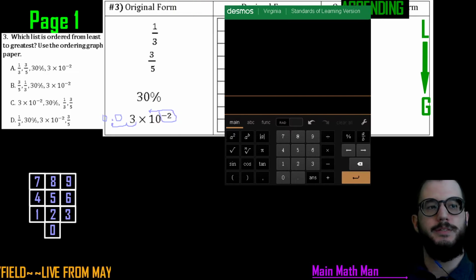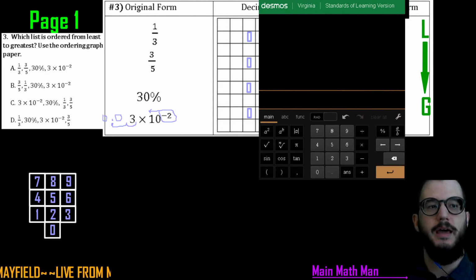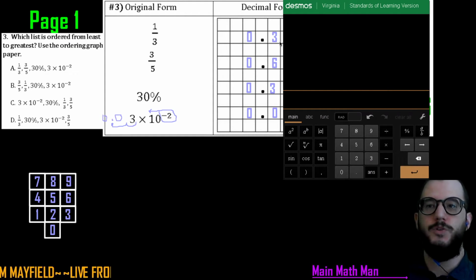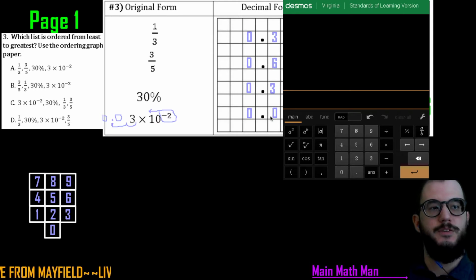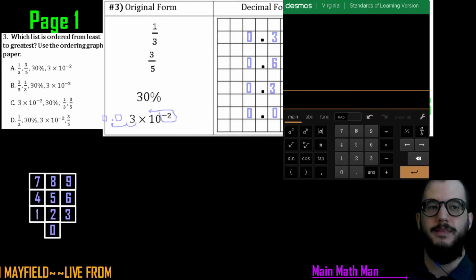I line them up and I see, okay, all those zeros are tied. However, I can shift it over and say, out of these, which one is the lowest? So out of these values, I have 0.3, 0.6, 0.3 again, and 0.0. So if I'm comparing these four numbers, I know that that 0.0 is going to be the least.